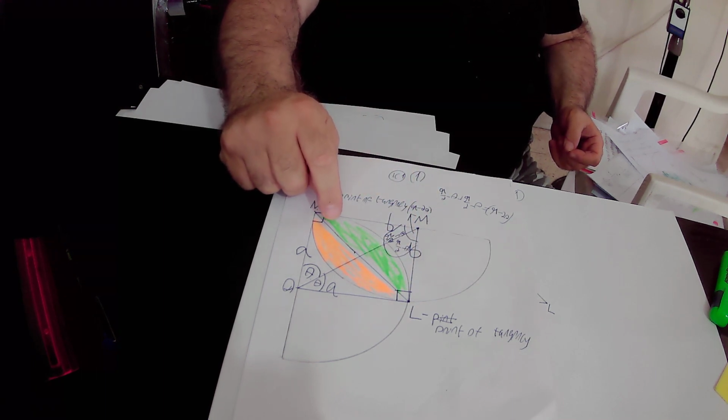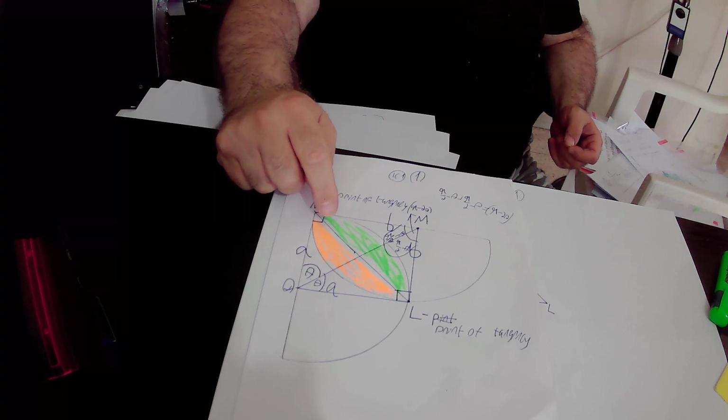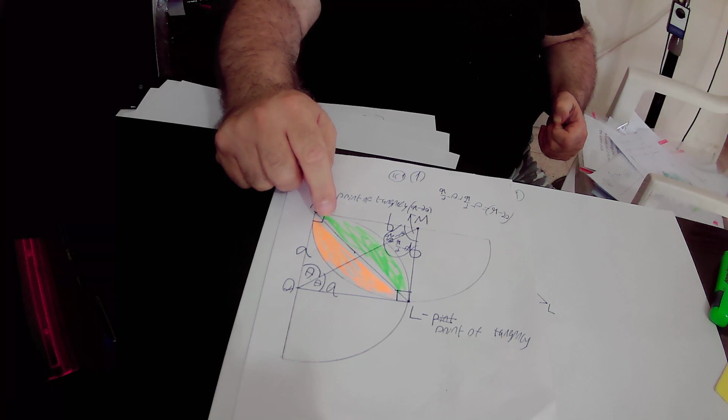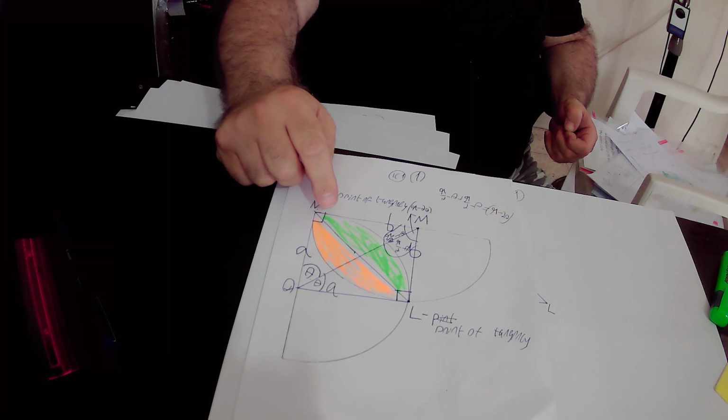We'll find out the area of this lens, and we'll use the formula in order to find out the area of the big lens, and then we'll use the same formula in order to find out the area of the blue lens, and then we subtract the two areas from each other. This will give us the area of the orange shape.